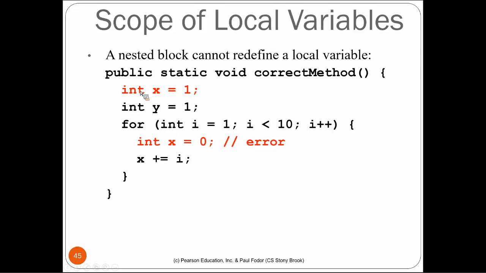For instance, in this method block, we have an integer x equal to 1, and we redefine the integer x inside the for loop inside this method. This will result in a compilation error. You cannot redefine a local variable.